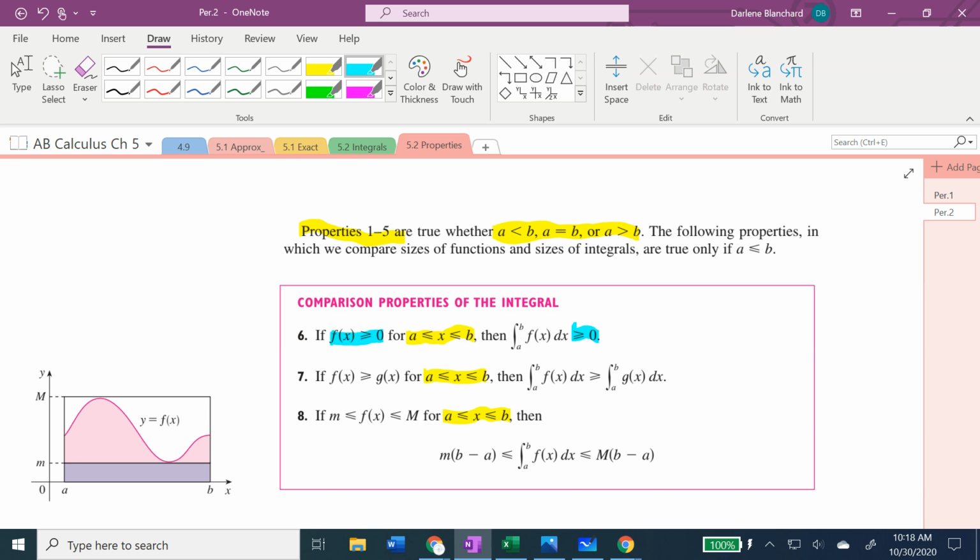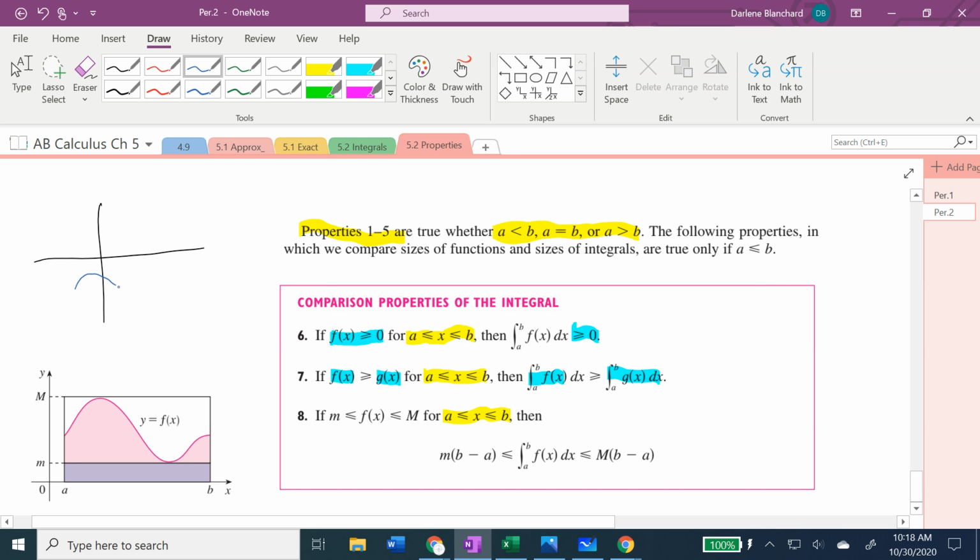For number 7, if one of the functions is larger than the other and you integrate in the proper order, does it make sense that its integral will also be larger? Even if they are negative.